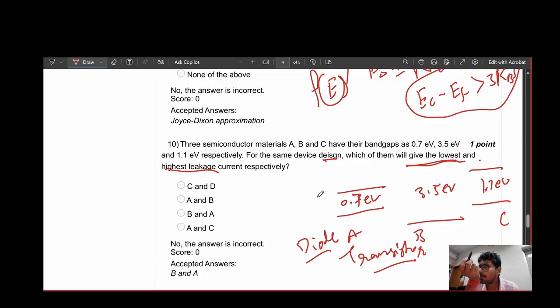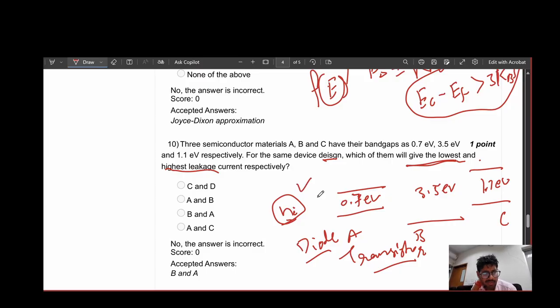At room temperature, if the intrinsic carrier concentration Ni is more, there will be more leakage.